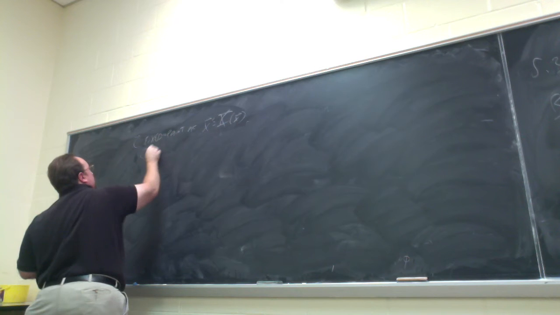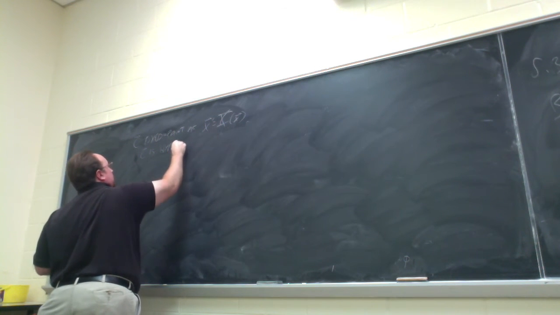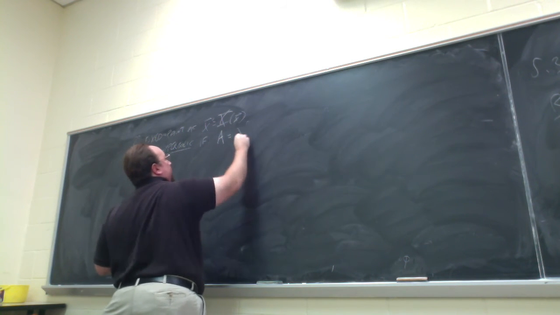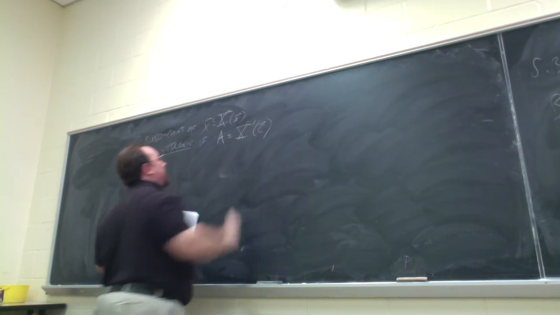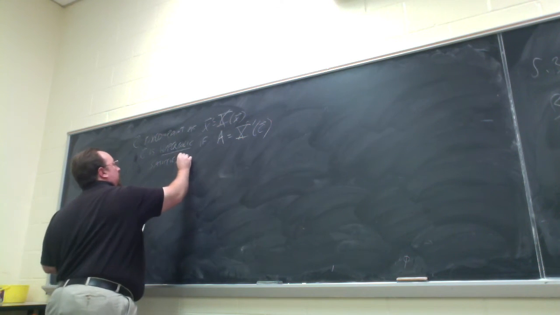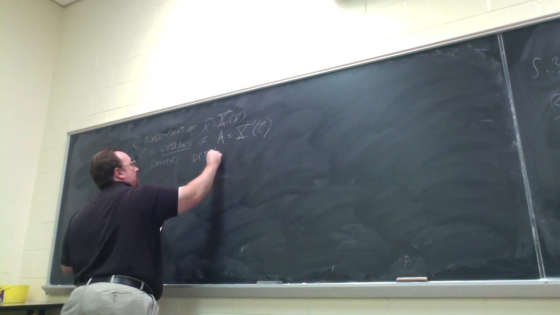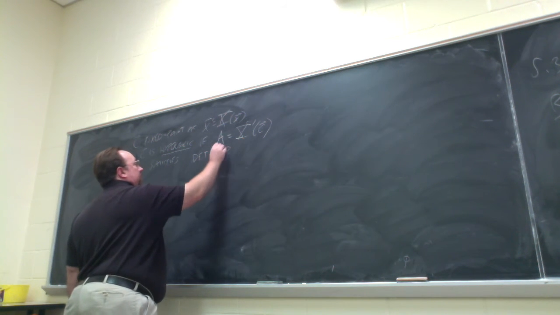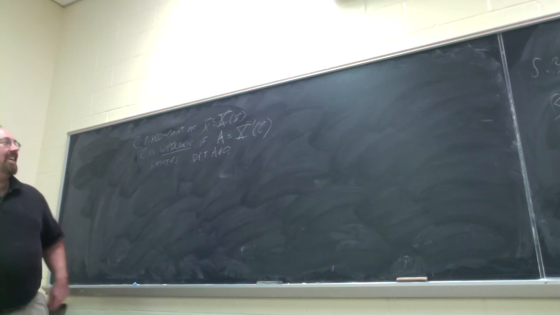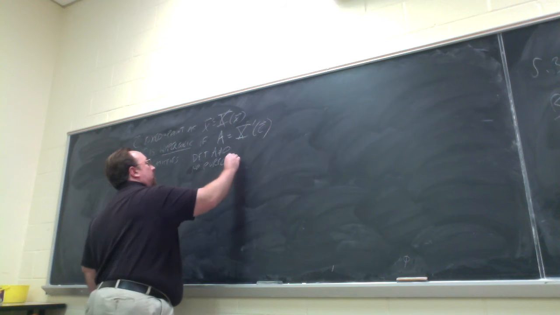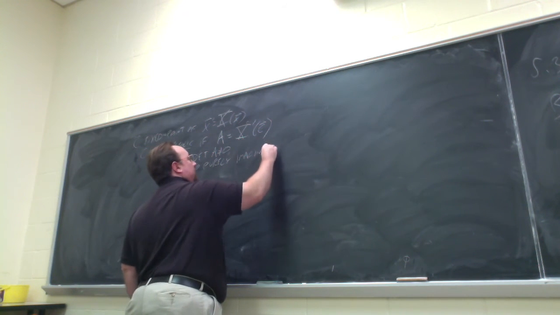C is hyperbolic if the matrix A, which is the Jacobian matrix of X evaluated at C, satisfies these conditions: A has to be invertible, so the determinant is non-zero, so there are no zero eigenvalues, and it has no purely imaginary eigenvalues.